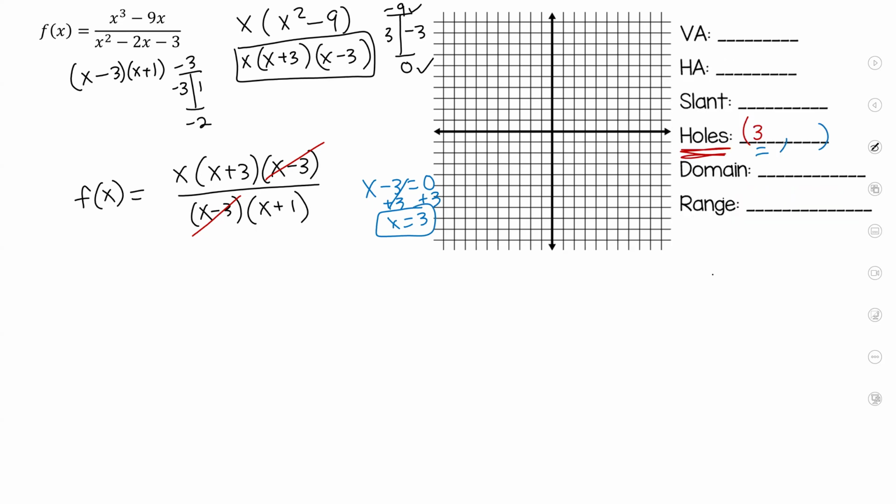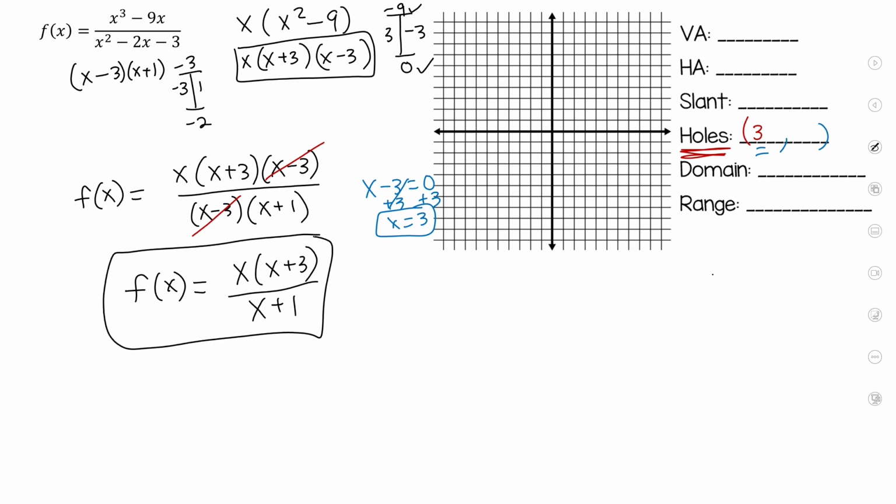So let's go ahead and write the function. It is x times x plus 3 over x plus 1. This is the function we are now going to look at because these are gone. Okay, to find the y value of the hole, I'm going to plug in this 3 into this.